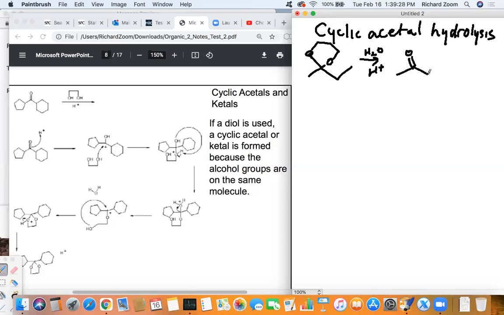Taking that acyclic acetal, turning it back into a ketone, and the initial diol as well.